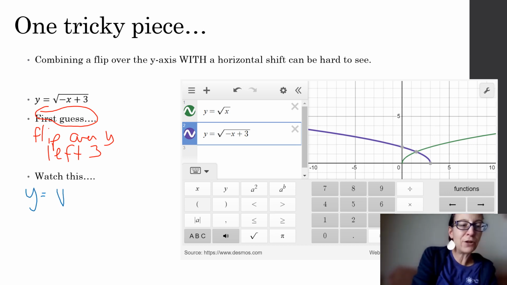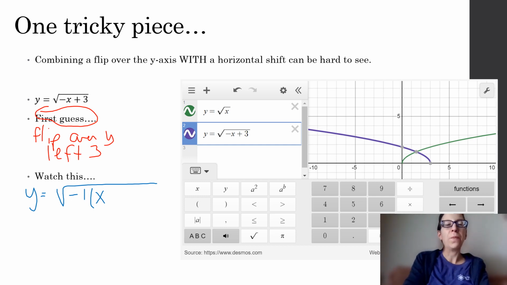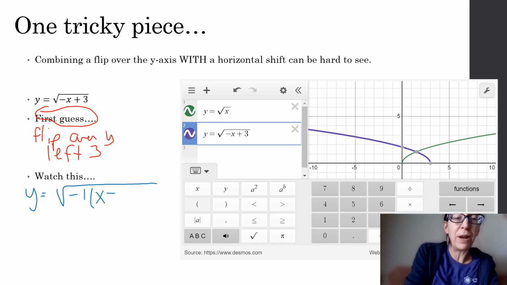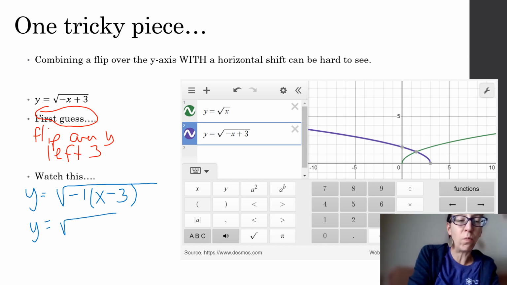What we actually have to do is factor a -1 out from that radicand. So if you have a negative x and you factor the negative out, you'd be left with a positive x. But if you had a positive 3 and you factor out a -1, you would be left with a -3. And then, of course, you don't need to put the 1. Okay.